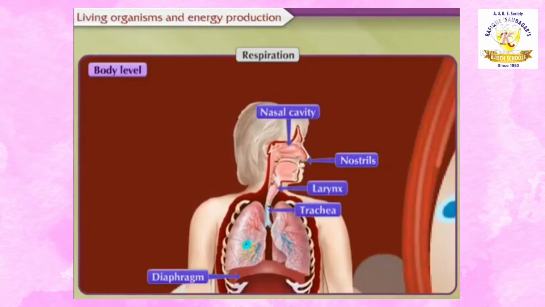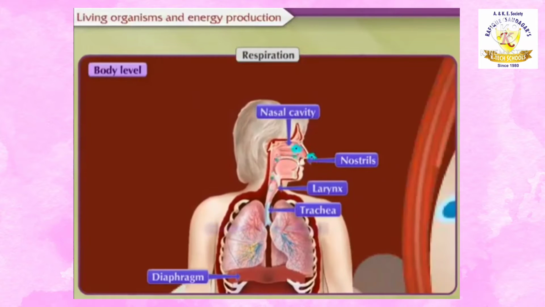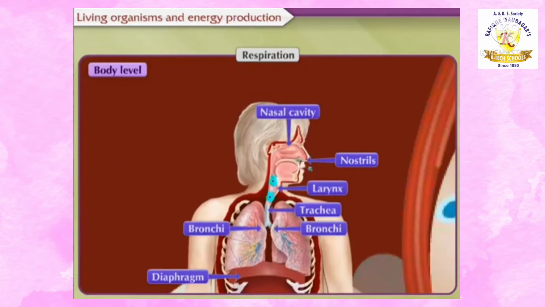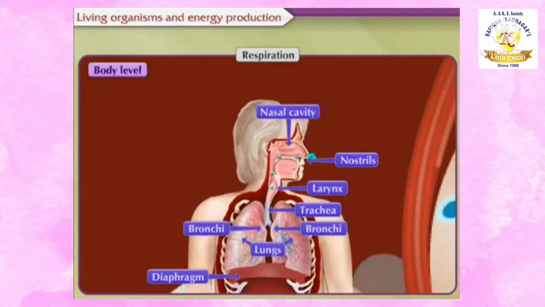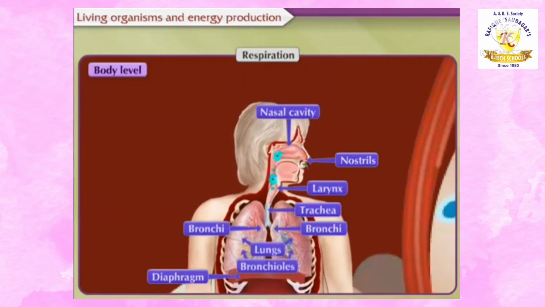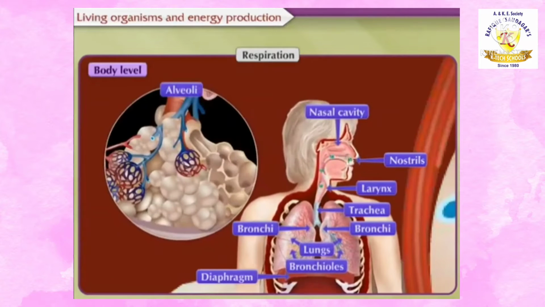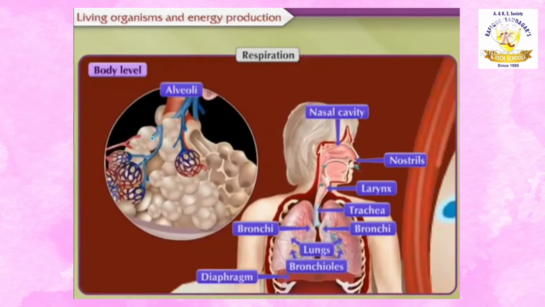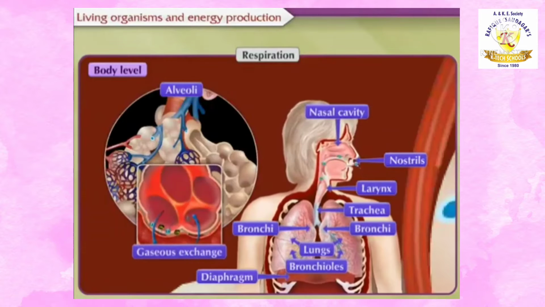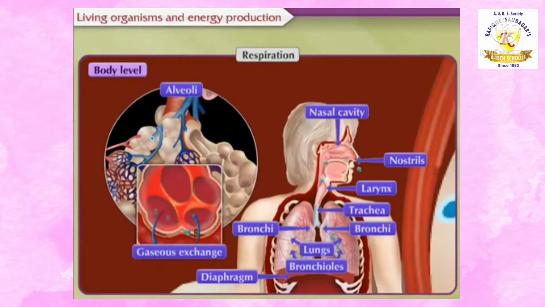Now the air further passes into the two bronchi in each lung and further into the bronchioles. Alveoli are present at the end of the bronchioles. Air from the bronchioles enters the alveoli.